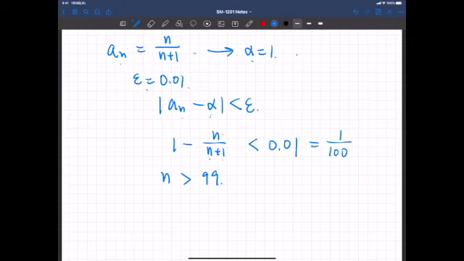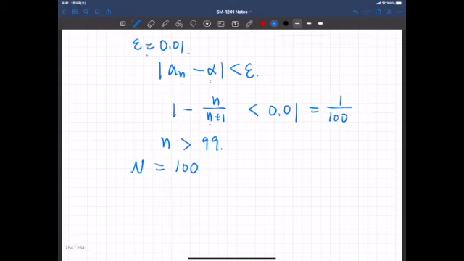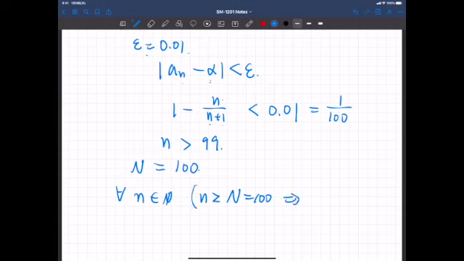So if we put capital N equal to 100, then for any natural number that is greater than or equal to 100, we have an minus alpha less than 0.01.